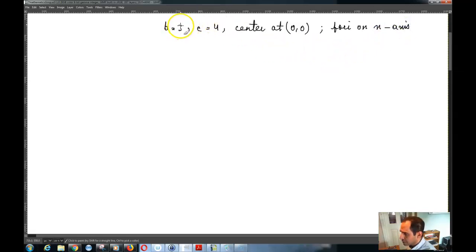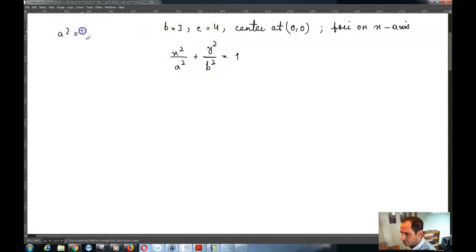If the foci are on the x-axis, that means the major axis is along the x-axis. Then you can write x squared by a squared plus y squared by b squared is equal to 1. You have your b, so let's calculate a.